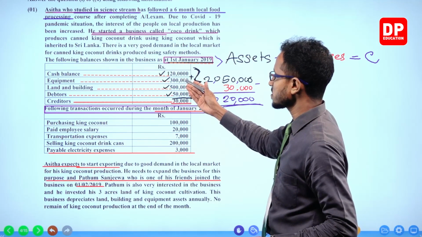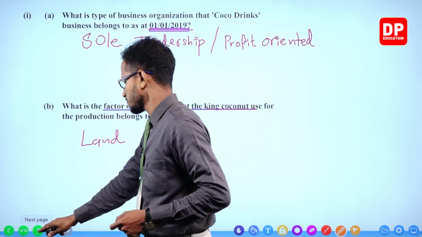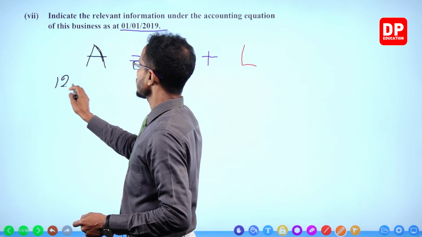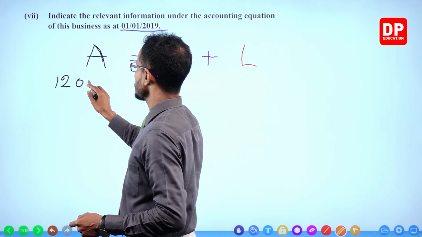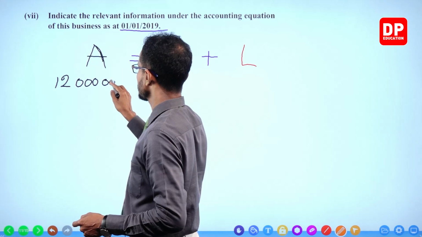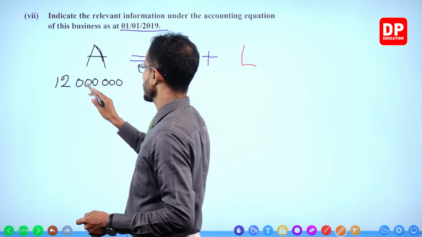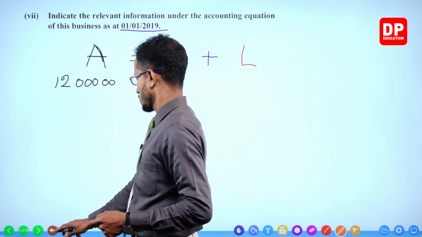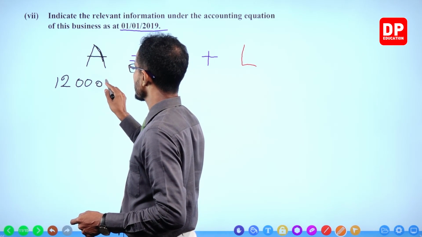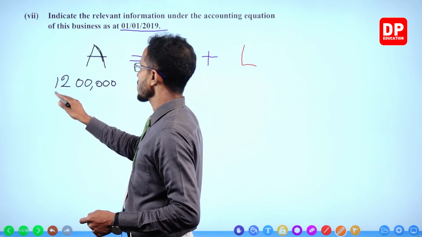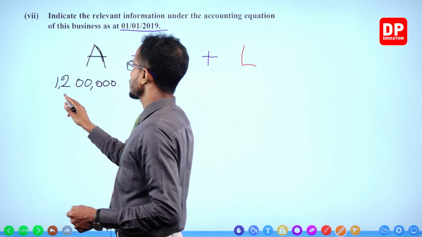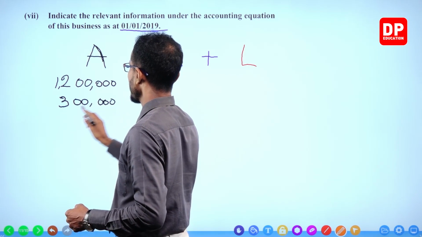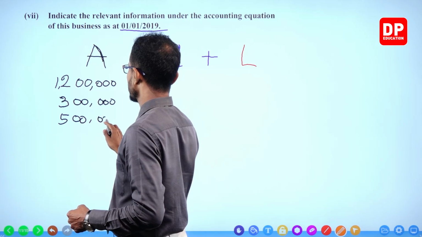So take 12 lakhs, that means 1.2 million, 300,000, 3 lakhs, 5 lakhs, and 50,000.